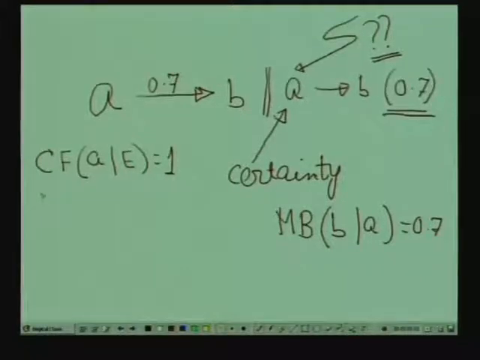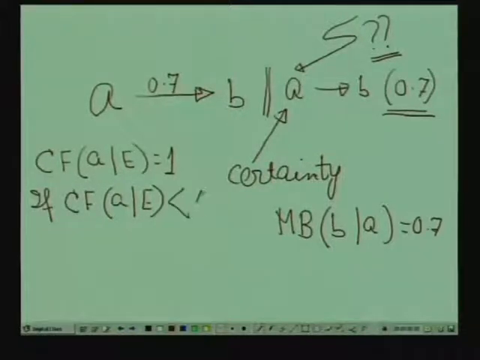But if the certainty factor of A given some evidence E is less than 1, then obviously this 0.7 that I get here should be modified. Therefore, we say it is MB prime.